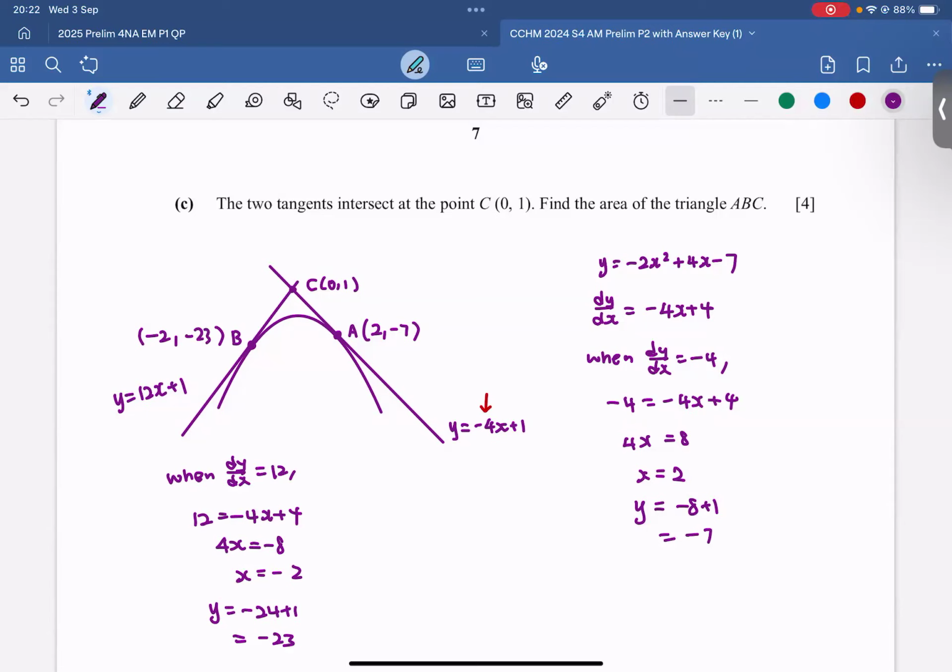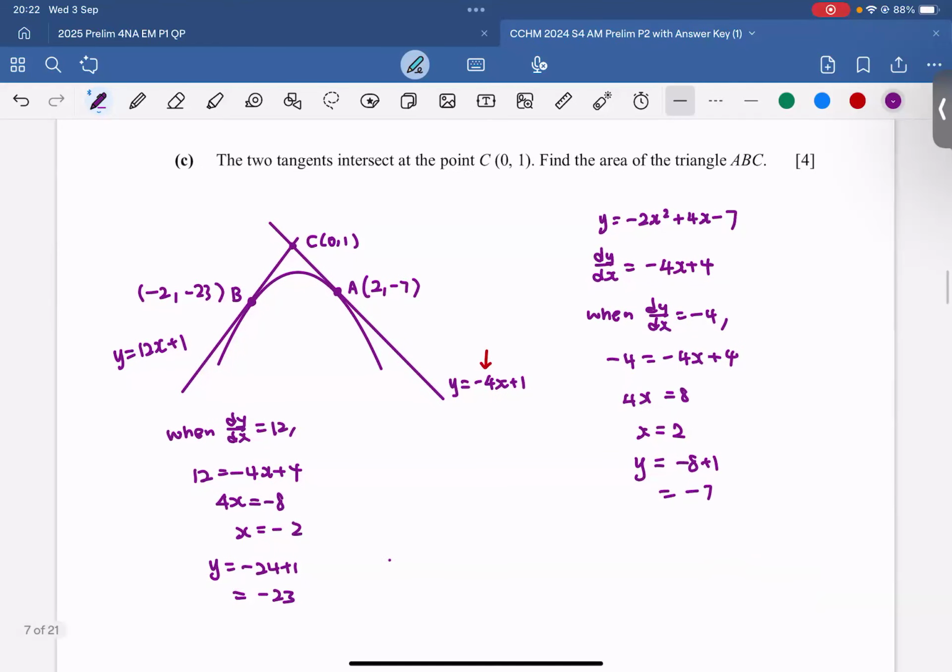Okay, to solve this, you can use your half times base times height, but if you are lazy or you don't want to draw the diagram, you just use your shoelace method. Okay, half, 0, 1, negative 2, negative 23, 2, negative 7, 0, 1. Okay, so 0, 14, minus 2, minus 2, minus 46.